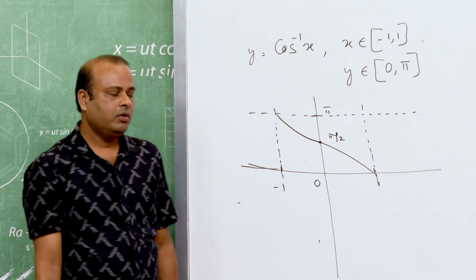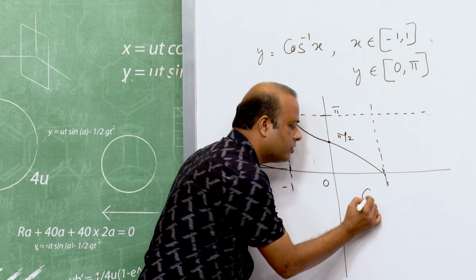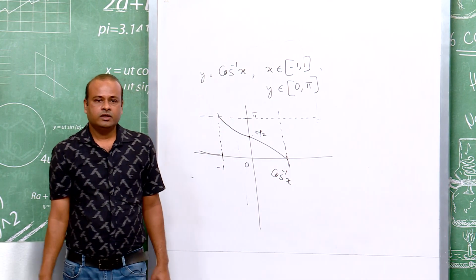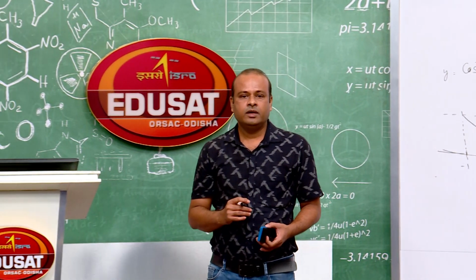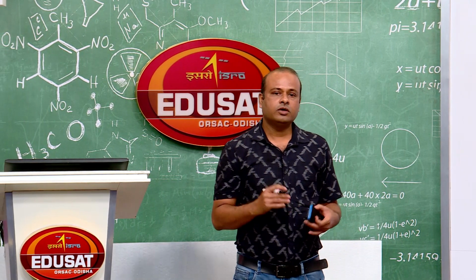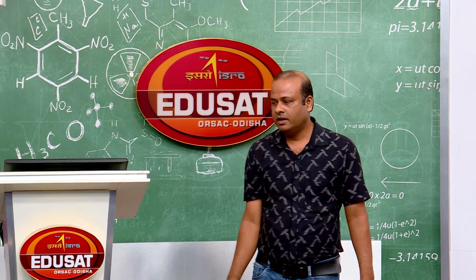So, this is the graph of cos inverse x, right. No part of the curve lies below x axis and the graph is within minus 1 to plus 1.